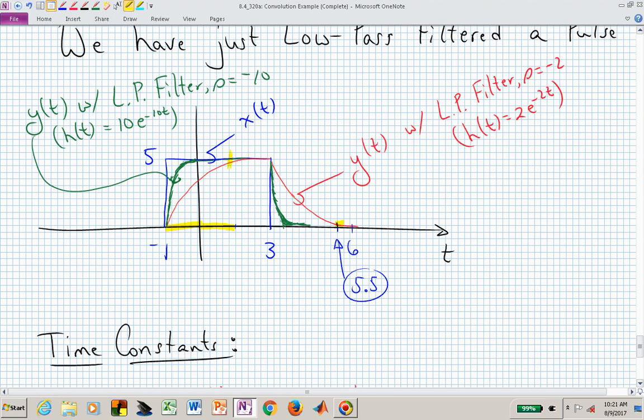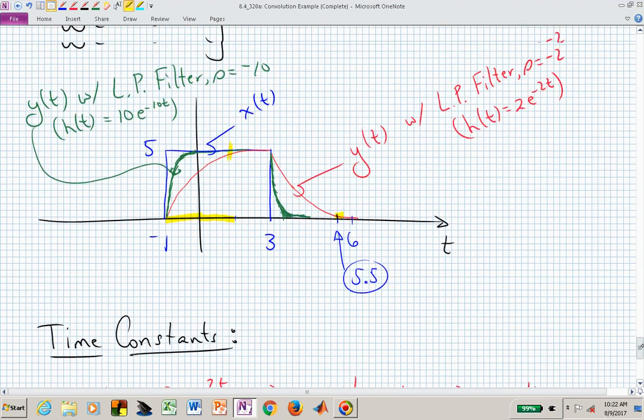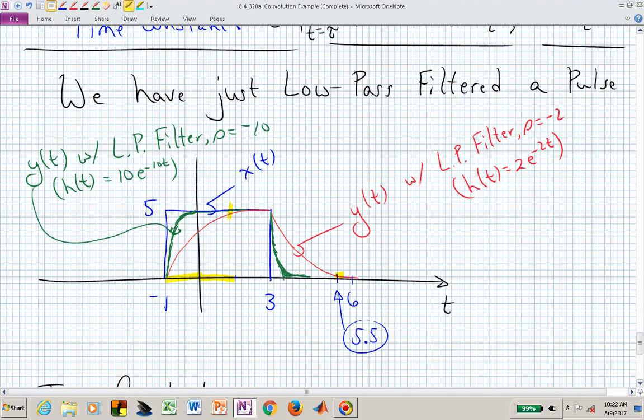The red pulse didn't have as sharp of an impulse response, and now you can look at these impulse responses. 2e to the -2t does not look quite like the ideal impulse as 10e to the -10t might. So the closer h of t looks to the ideal impulse response, the more the output looks like the input. In this case, which of these waveforms looks more like the blue pulse, which was our input?